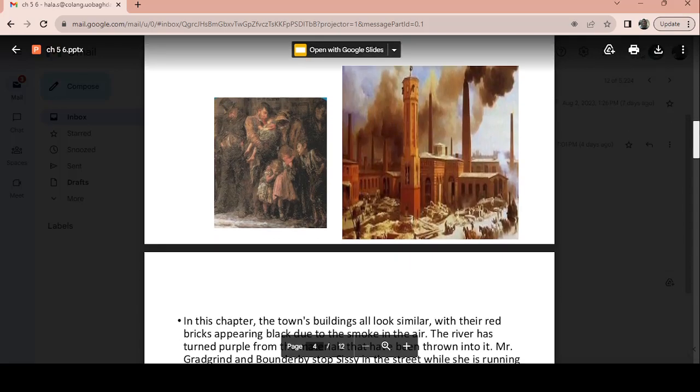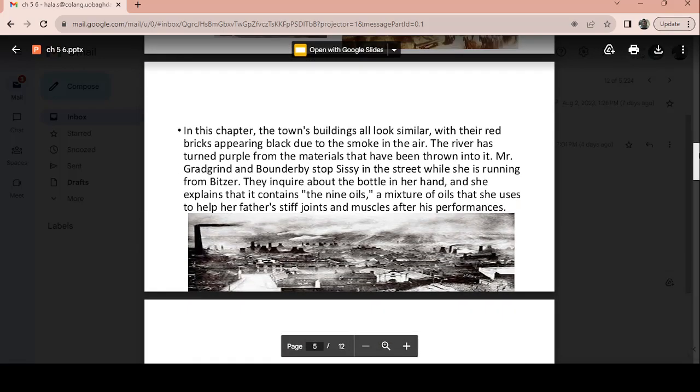It's not a very pleasing image, but it was London, or all the cities at that time, and this fictitious town is described in the same way as these towns.